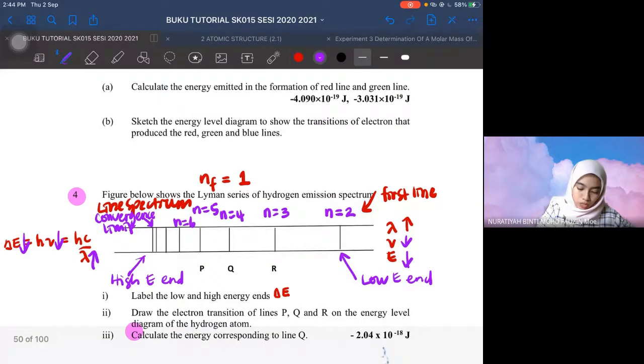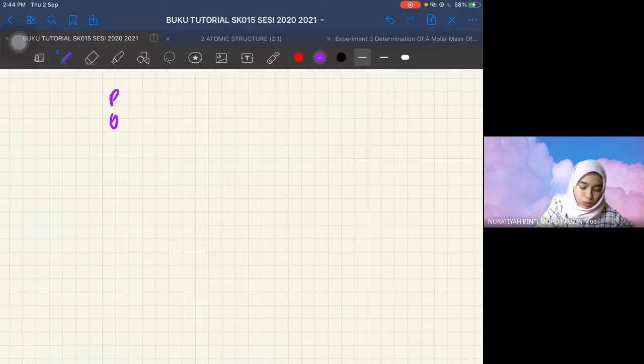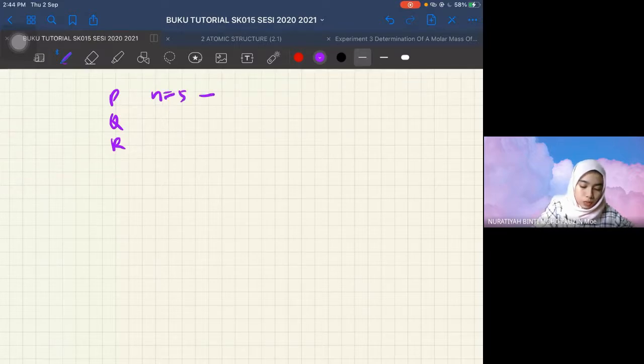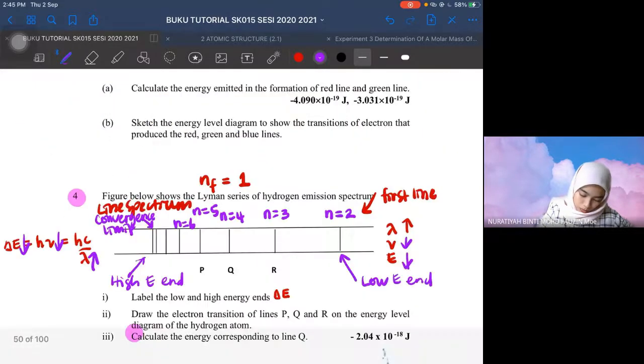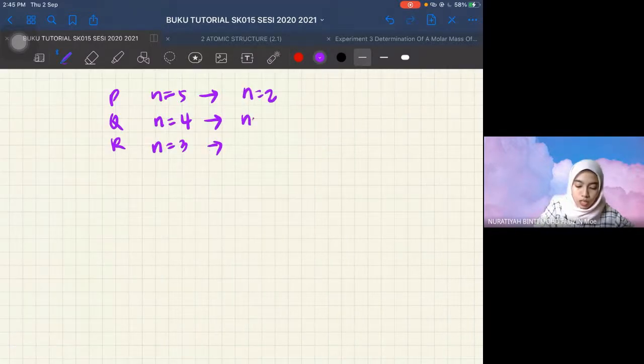P is from n equals 5 to n equals 2, Q is n equals 4, R is n equals 3. Right? P, Q, R. Okay, so you draw like before.